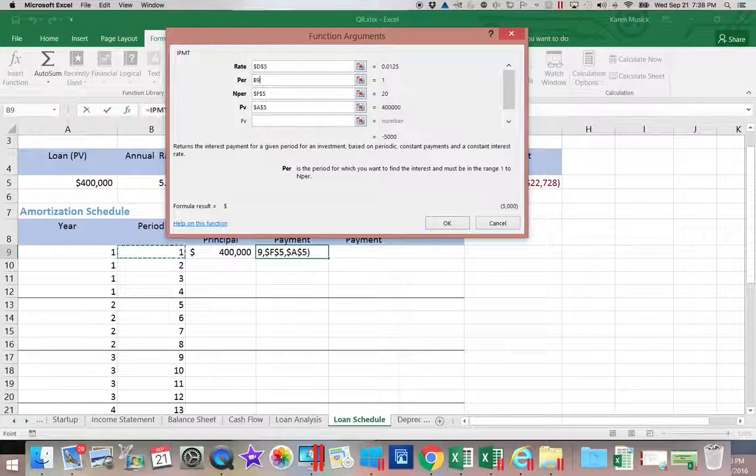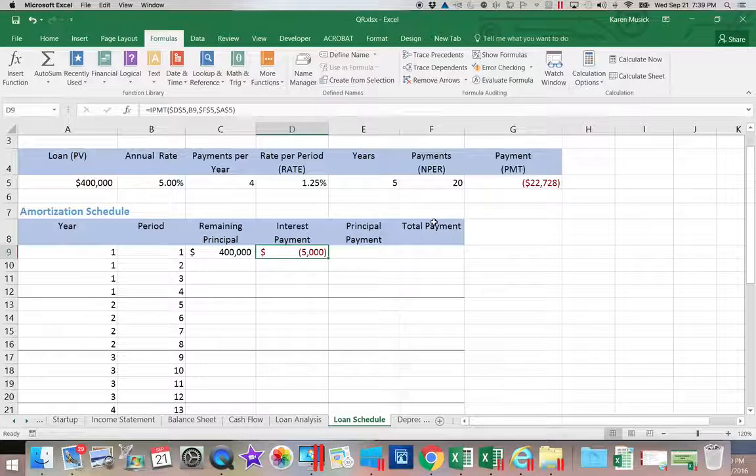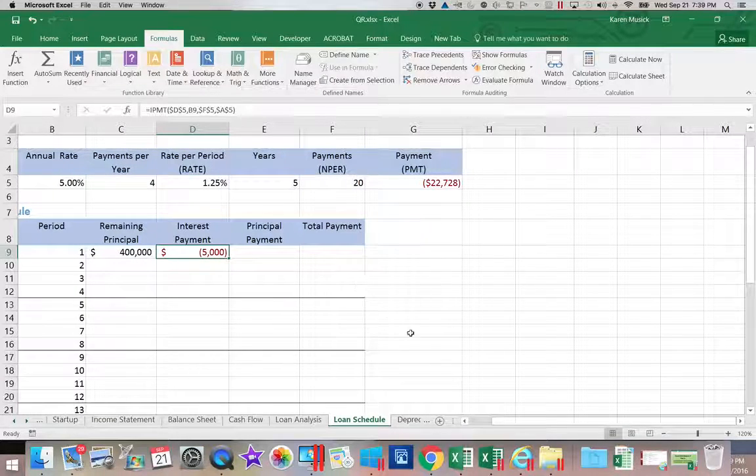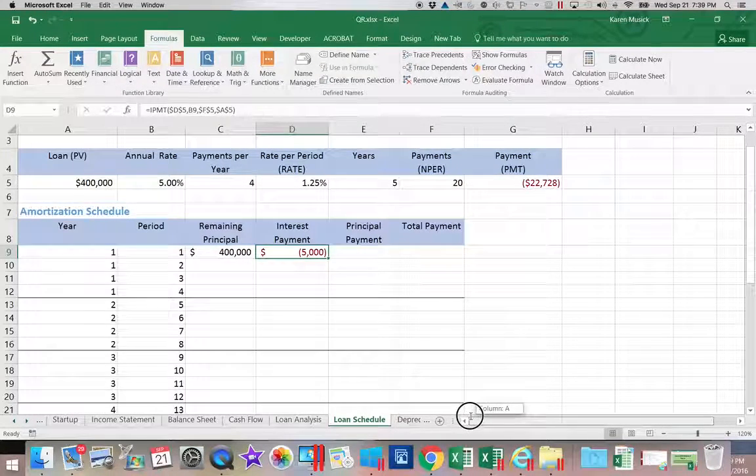We do not want that to be absolute. It needs to be relative, so that when I go down another row, it's going to look at the value 2 instead of the value 1. So that is the portion of my payment that's going to be interest.